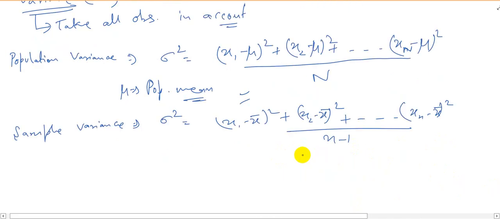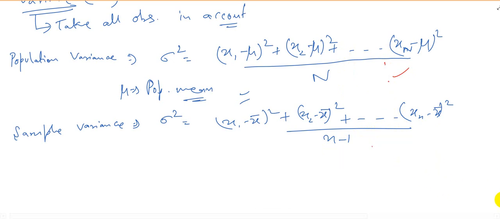Yes, this is worth remembering and should be committed to memory. Generally it happens that we take these two as analogous and just put small n, which would be wrong. So n minus 1 is the denominator of sample variance, where n is the size of the sample.